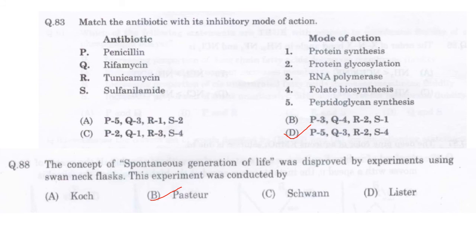And sulfanilamide is for folate biosynthesis. So answer is option D. Penicillin is for peptidoglycan synthesis. Rifampicin is an RNA polymerase inhibitor. Tunicamycin inhibits protein glycosylation, and sulfanilamide inhibits folate biosynthesis. So answer is option D.